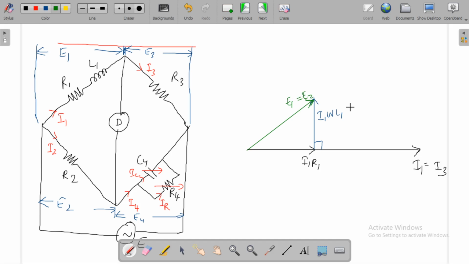So this part is completed. E1 is the phasor sum of the voltage across this and the voltage across this.